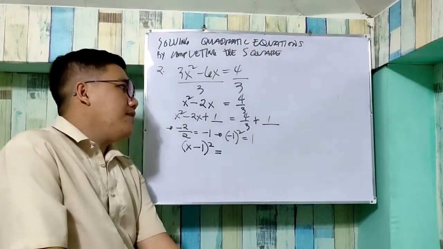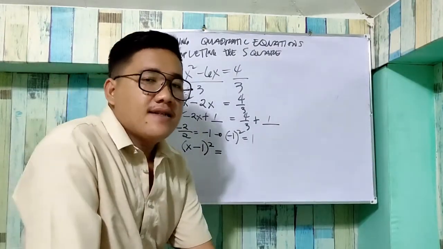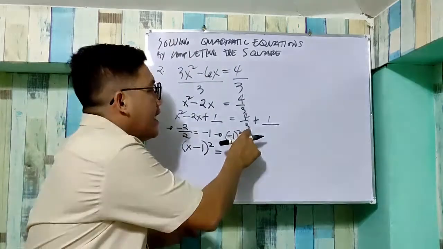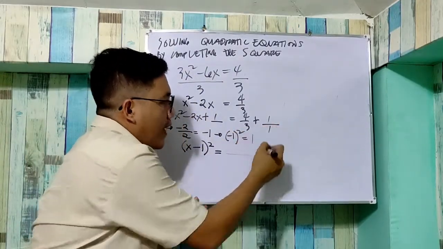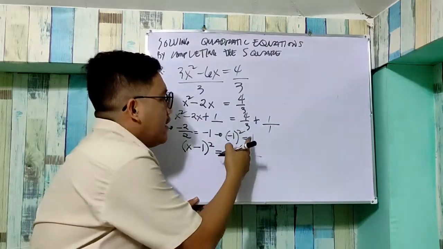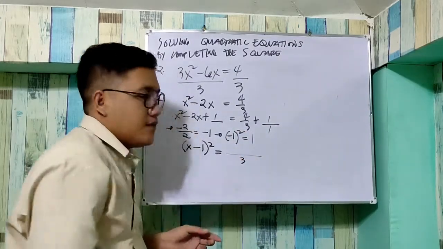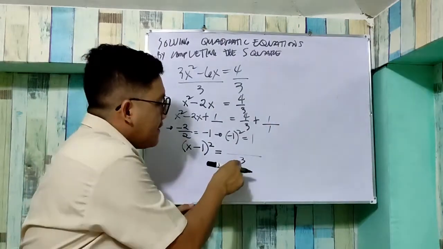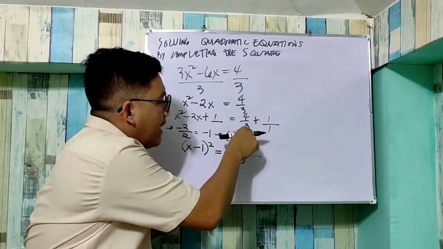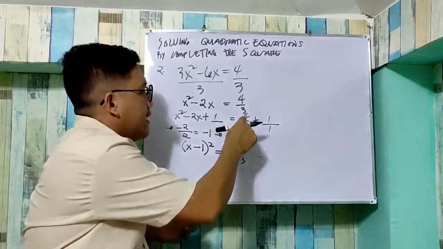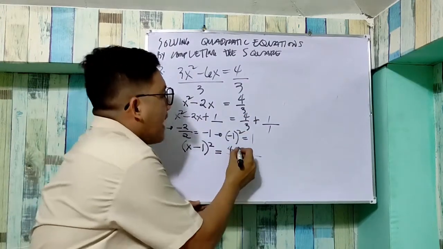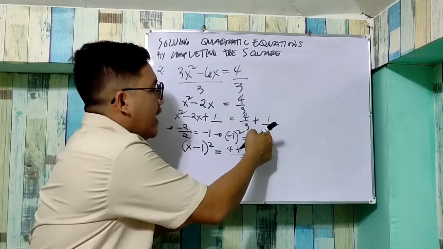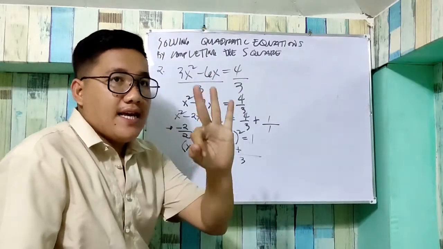What is 4 over 3 plus 1? Adding fractions. Let's get the LCD first. The LCD is, of course, this is 1, the denominator. So, we have 3. So, recall that. So, 3 divided by 3, that is 1. Times the numerator 4, 4. Plus 3 divided by 1, that is 3.